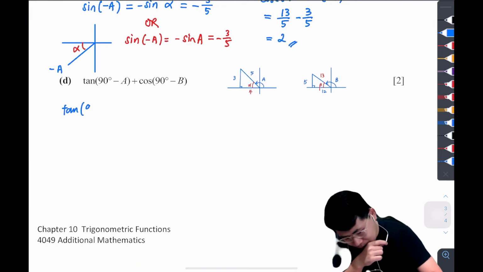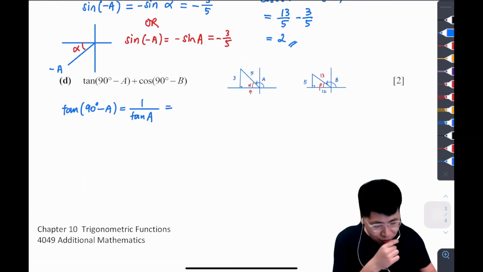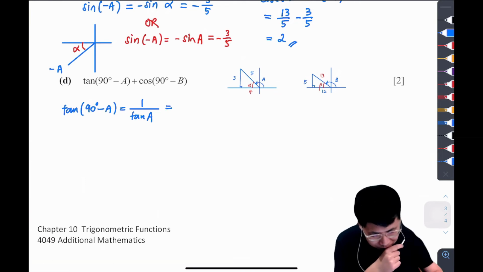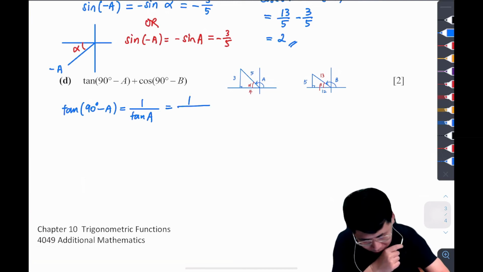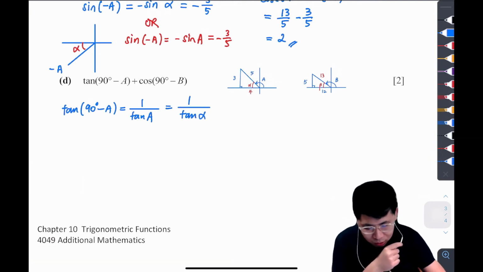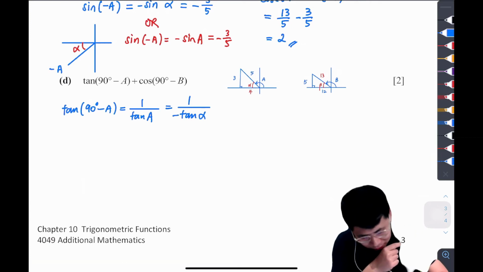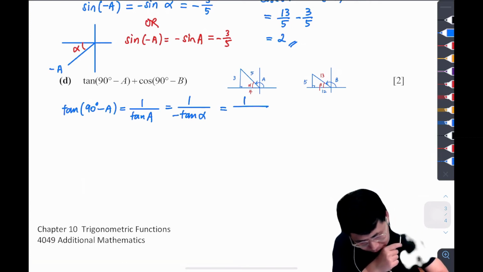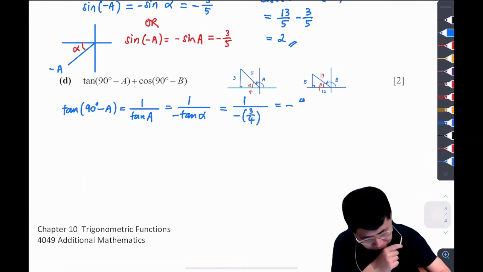Tangent of 90 minus A is equal to 1 over tangent A, so it's actually cotangent A. So this is 1 over tangent alpha. But in quadrant 2, this would be negative. So it will be 1 over negative opposite over adjacent. So keep change flip, so negative 4 over 3.